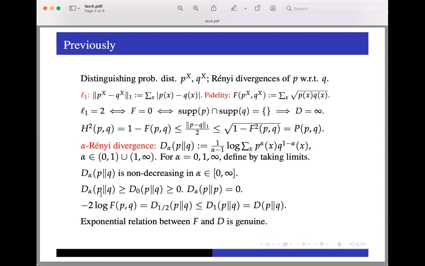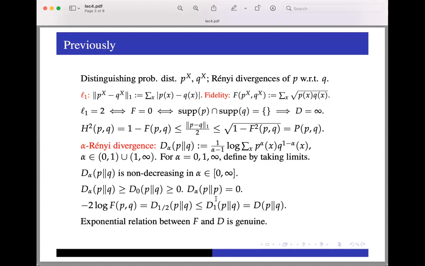So d alpha is greater than or equal to d0. And then we saw the expression for d0 last time, and we argued that d0 is always greater than or equal to 0 for probability vectors P and Q. In fact, if P is full support, d0 is equal to 0. Okay. And if P is not full support, then d0 can be strictly bigger than 0, maybe, maybe not. But in any case, it's always non-negative.